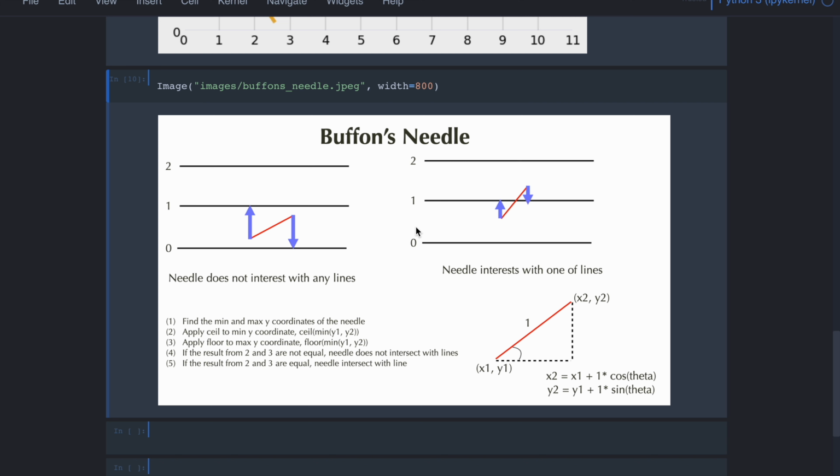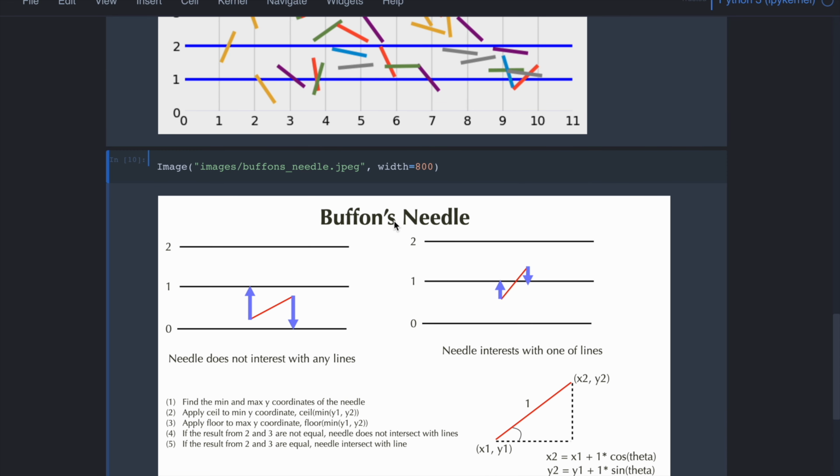If the results from step 2 and step 3, which is applying the floor and ceil functions, happen to be equal, that means the needle intersects with one of the horizontal lines. That's how we are going to find out if the needle intersects with the horizontal lines or not.